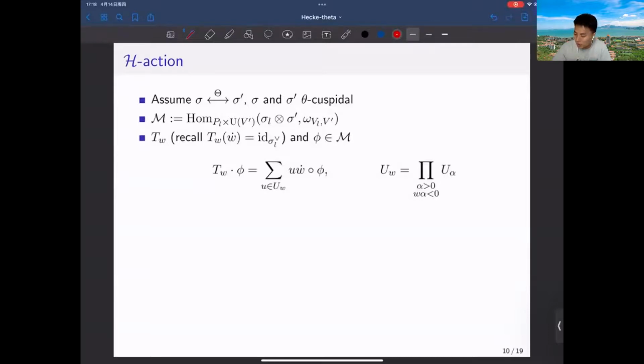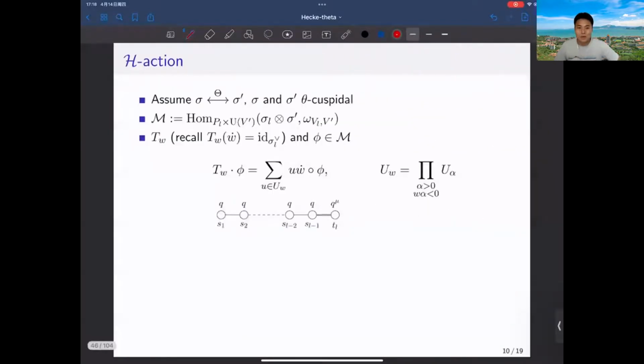It's pretty simple. It's basically the action of any element W, which is a lift of W, and the action of the unipotent part. But you don't need the whole unipotent part. You only need the things which move the unipotent part, which is non-positive after the W action.